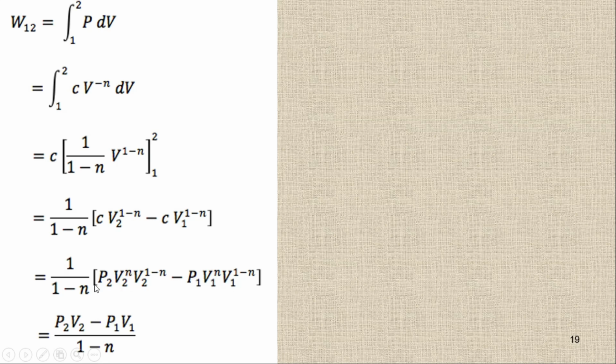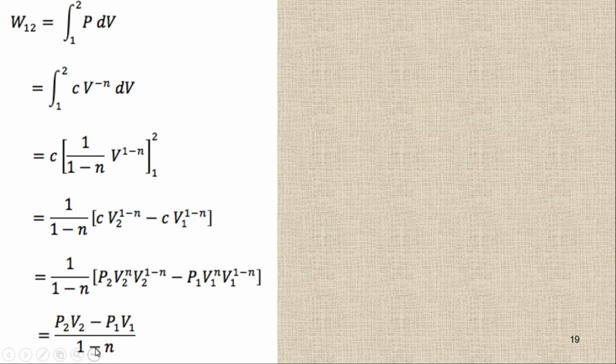So when I solve this, I'll get P2 V2^(n+1-n), so n will be cancelled out, so I will get only P2 V2 minus, and here I will get P1 V1, because n will be cancelled out. So we will get P2 V2 minus P1 V1 upon 1 minus n, and this is the boundary work for a polytropic process.